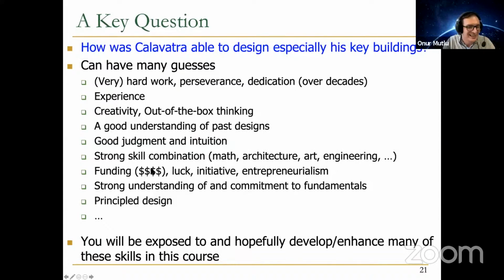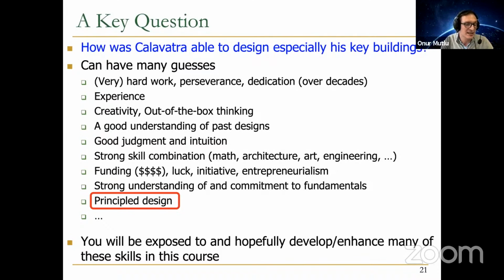I cannot promise funding, but hopefully you'll be able to enhance a lot of other things that are over here, especially if you approach this course the right way, as a learning experience, as a formative experience, as we discussed last time, as opposed to just something you need to pass by taking the exam, right? I think you would be doing yourself a disservice if you actually think about just passing the exam, because there's a lot more to see over here, as you can see. And I think certainly these skills can help you in other parts of life as well, not just in computer architecture, computer science, or computer engineering.